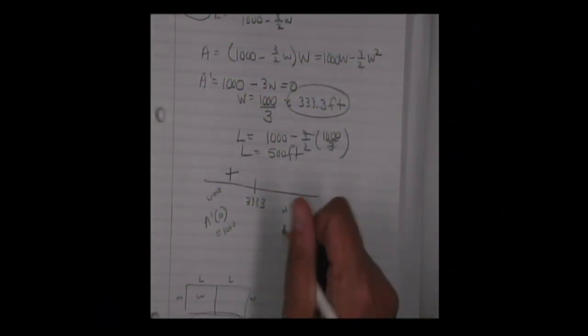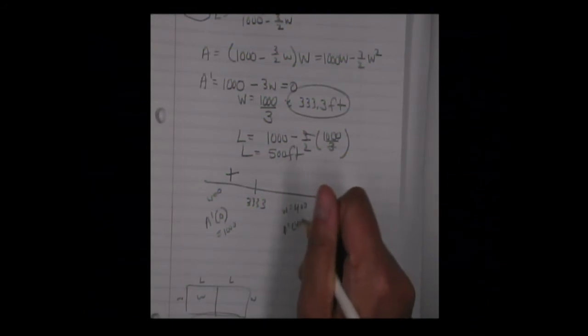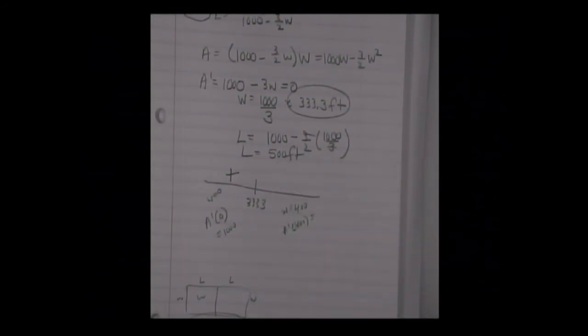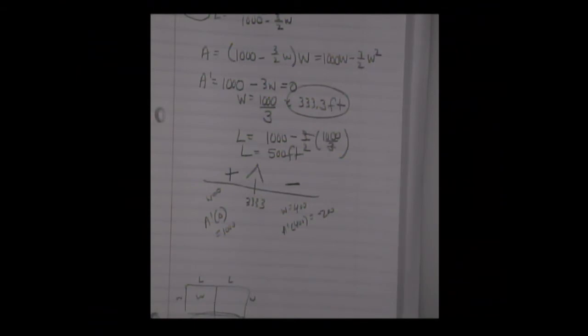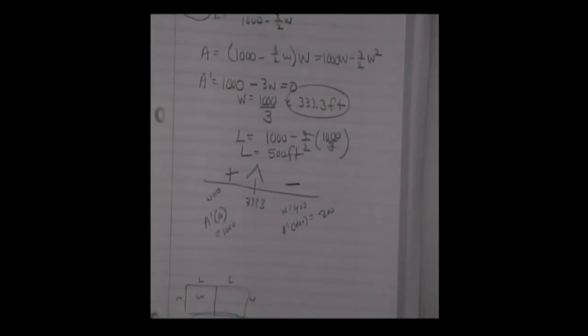And then I do the derivative at 400. 3 times 400 is 1,200. 1,000 minus 1,200 is negative 200. I don't care that it's negative 200. I care that it's negative. So right there at the 333.3, based upon the first derivative test, I know that I have a maximum.